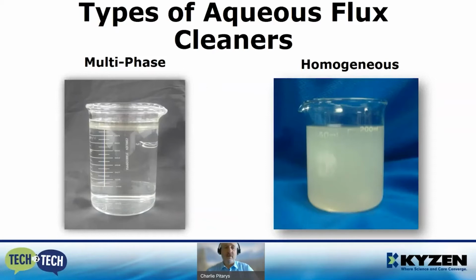There are two types of aqueous flux cleaners. We have on the left the multi-phase solution, which is basically when the solution is static, it is going to split. And then we have the homogeneous solution, as seen on the right, which will always stay constantly mixed up.